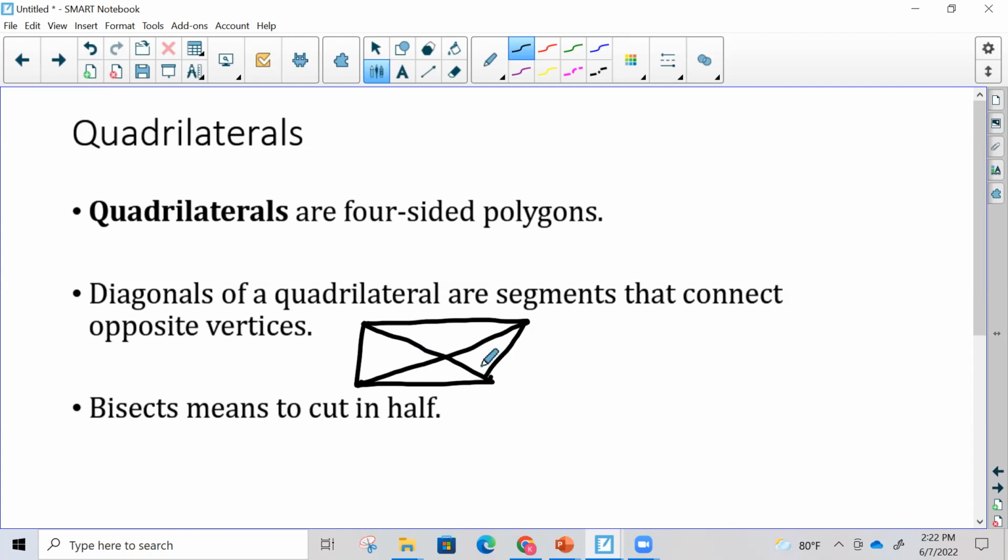So when we talk about vertices in a quadrilateral, we talk about opposite and adjacent.